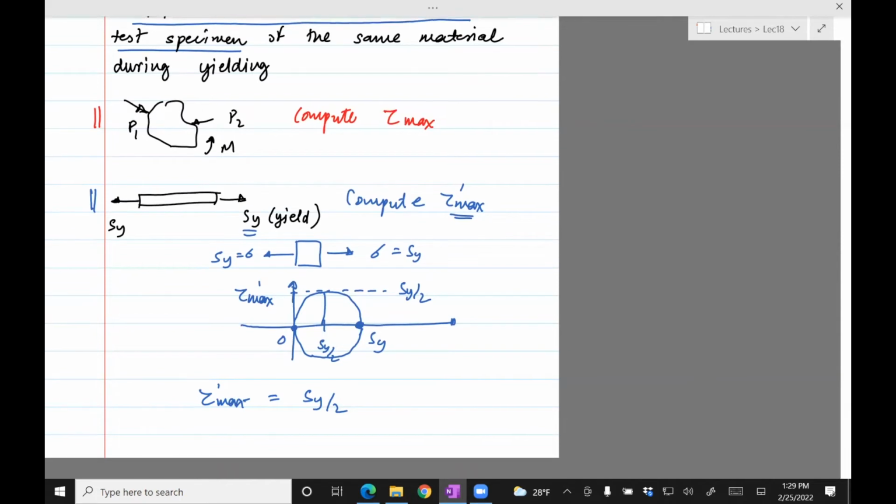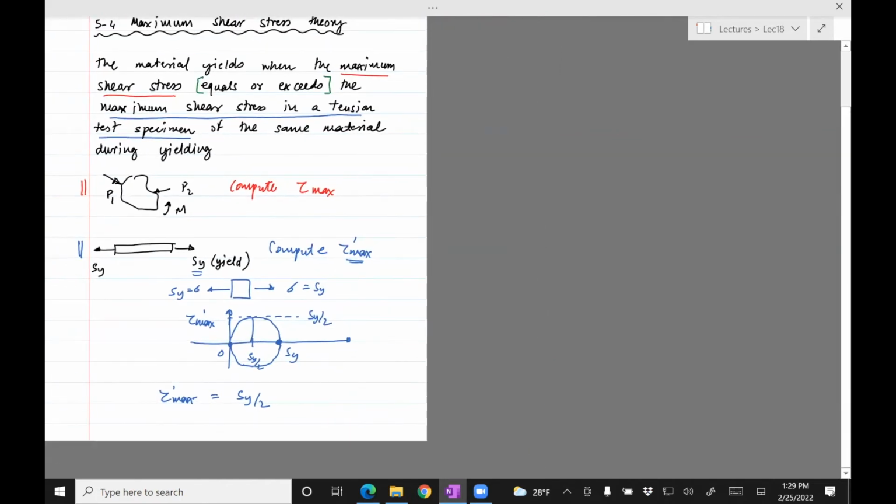For this, we know the maximum shear stress in red. That's the stress we get from that complicated loading condition. We got the maximum shear stress from the uniaxial tension test. And now the thing we need to do is check for failure. This happens when tau max in red is greater than or equal to tau prime max, or Sy divided by 2.